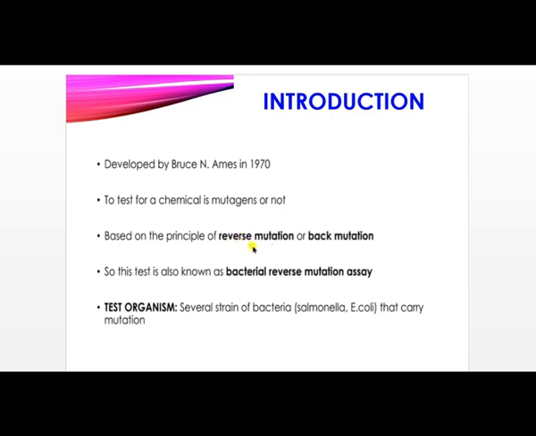It means if any bacteria already has the mutant genotype, already mutated bacteria, you have to expose it to mutagens, chemical mutagens. So chemical mutagens can create their effect on that bacteria and reverse the functioning of this mutated bacteria into the normal functioning. Understood? So this is the reverse mutation or back mutation.